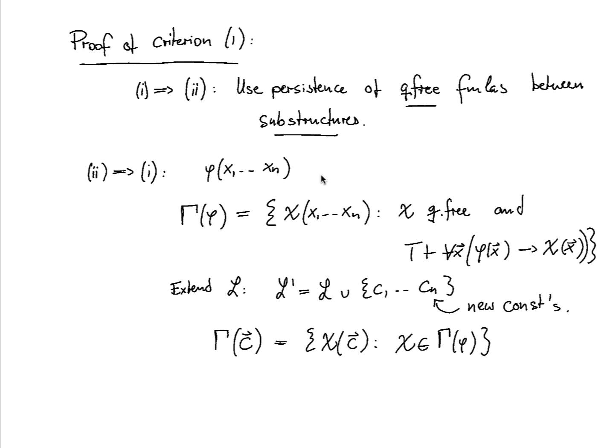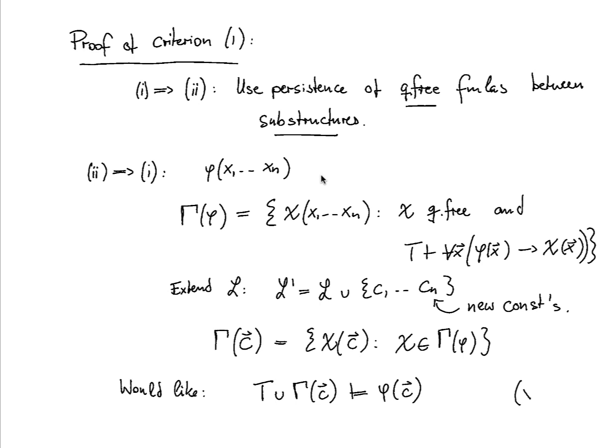So we collected all of the quantifier-free consequences over T of phi in a set of formulas, and now replace the variables by constants. So what we would like to have is the following. We would like that T union gamma of c implies phi of c.